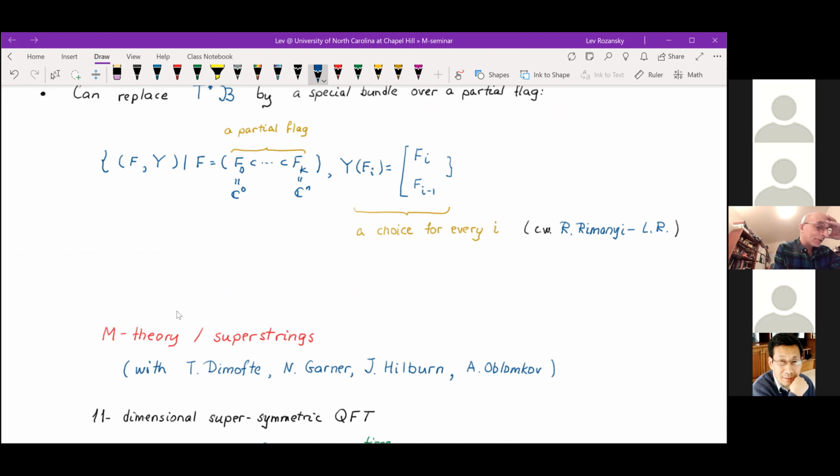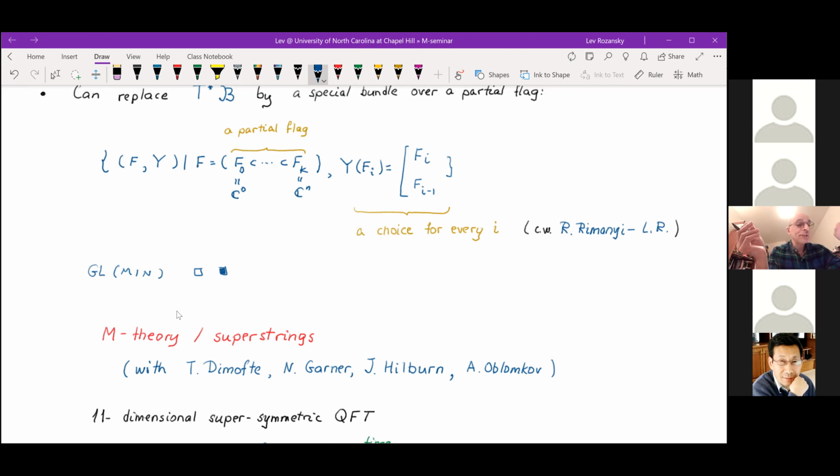If you have a group GL(M|N), it has two fundamental representations. You may denote them as white box and black box. This one would have even M and odd N, and the other one would be the other way, odd M and even N. Both are equally natural.